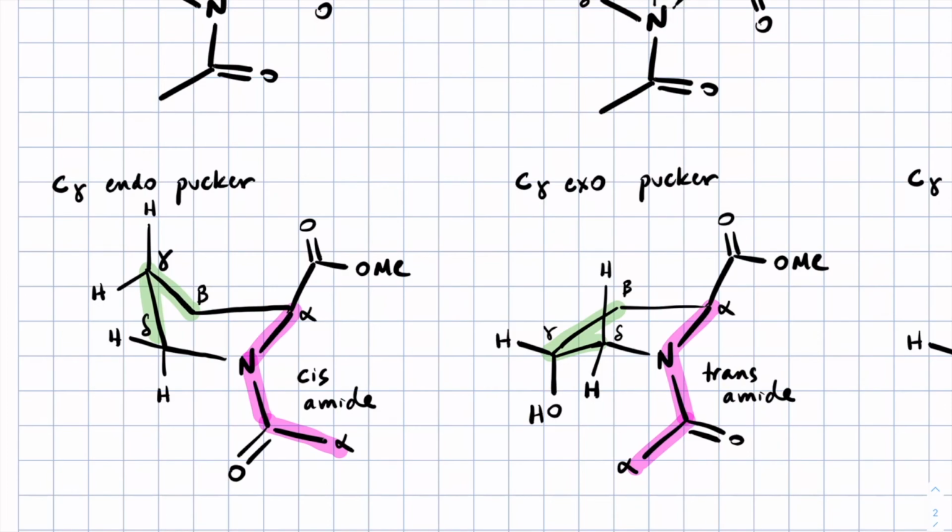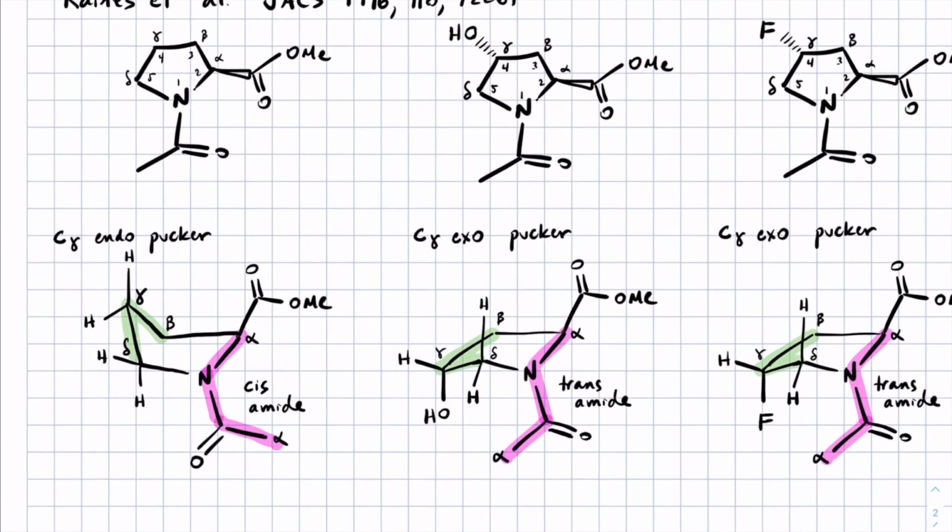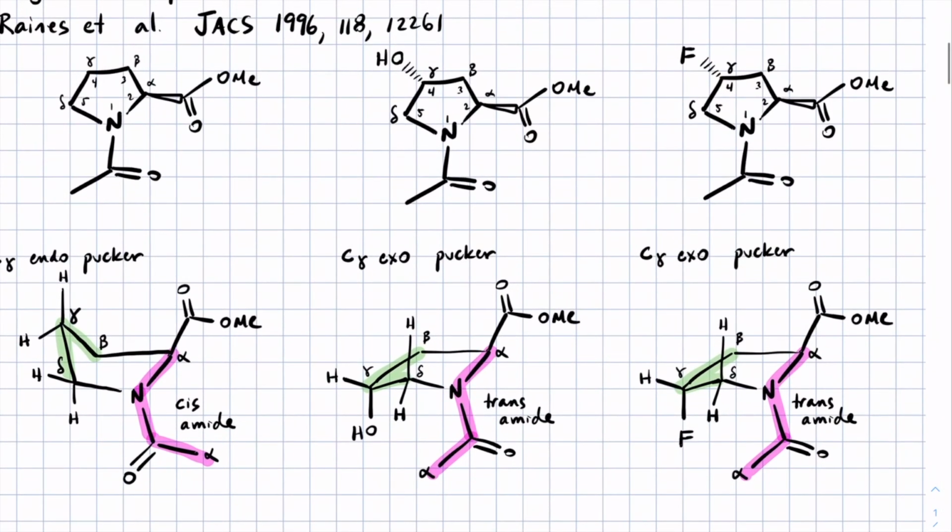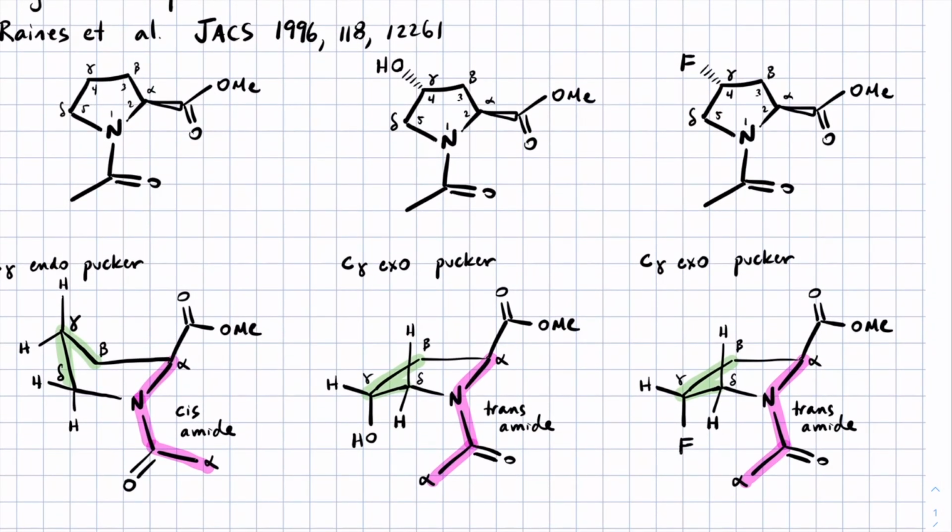I don't know. Does it look like puckering lips? It does not. But a pucker in your clothing? Okay. All right. I went immediately to the kissing, but sorry. A little pucker and a fold, or whatever. And then in the fluoro derivative, they also found this C-gamma endopucker.